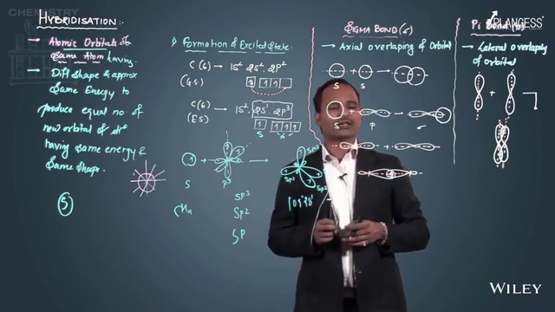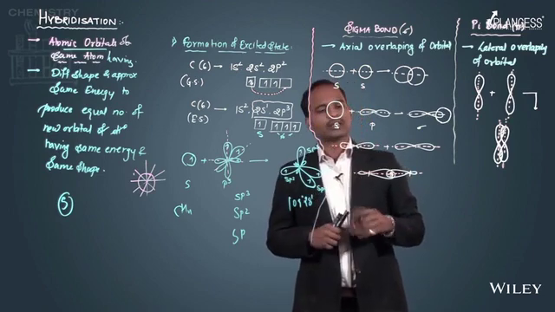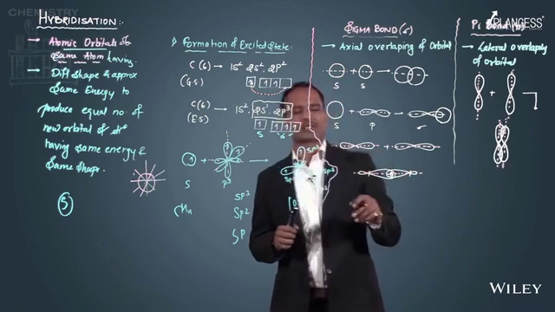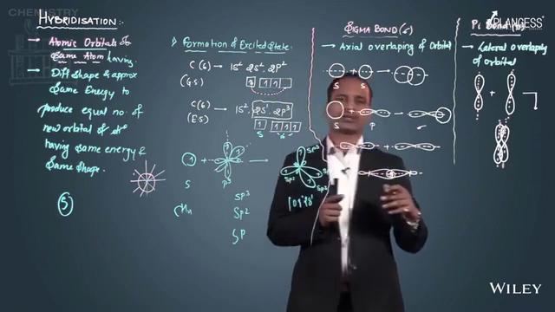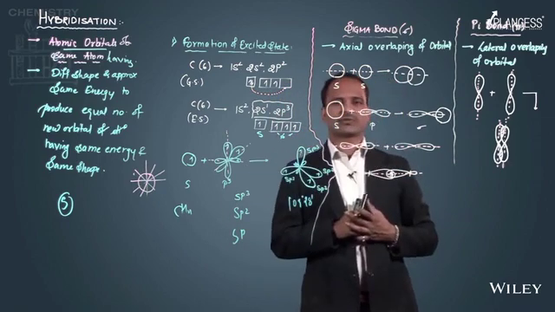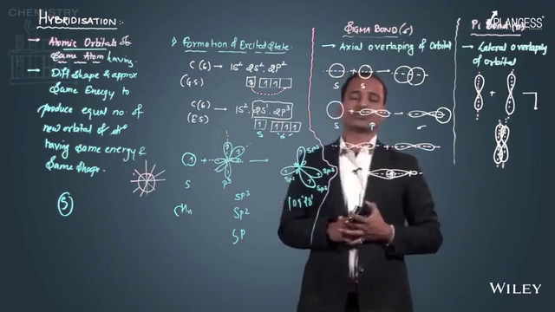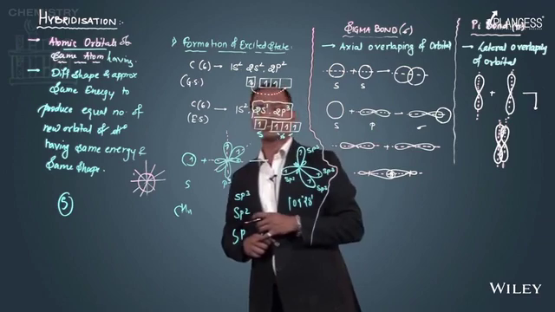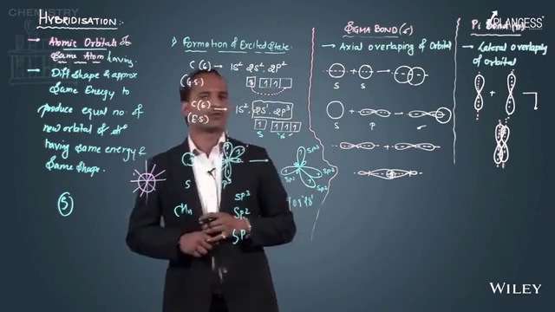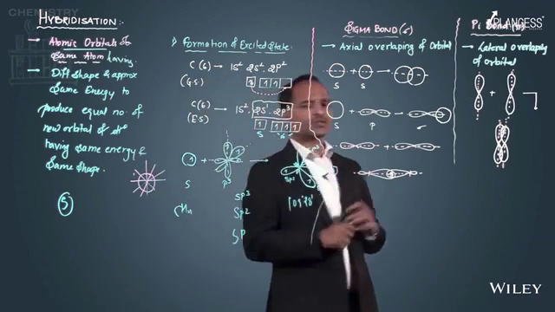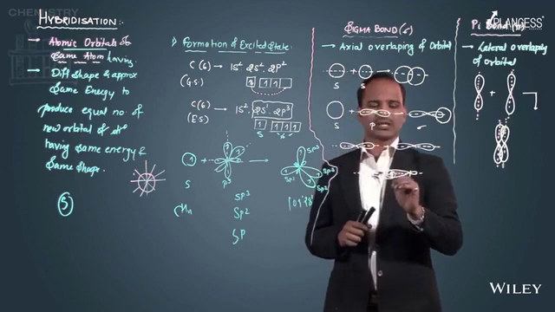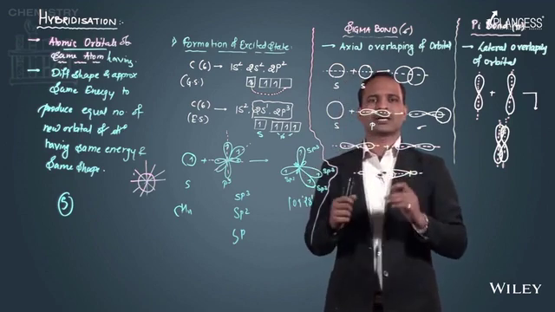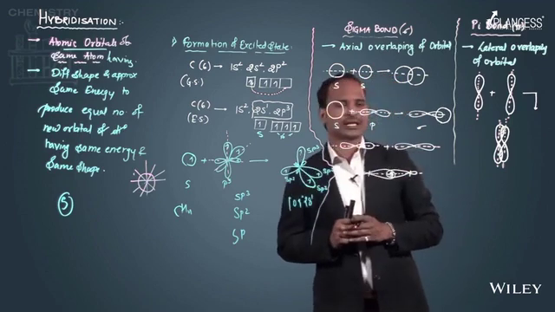And the second thing, when the orbitals overlap on axis, the extent of overlapping is always very high, and that's why the bond formed is always a strong bond, because according to valence bond theory, the strength of a bond depends upon the extent of overlapping. And the reason the extent of overlapping is more is that the nuclear repulsion has been reduced due to the presence of these electrons.